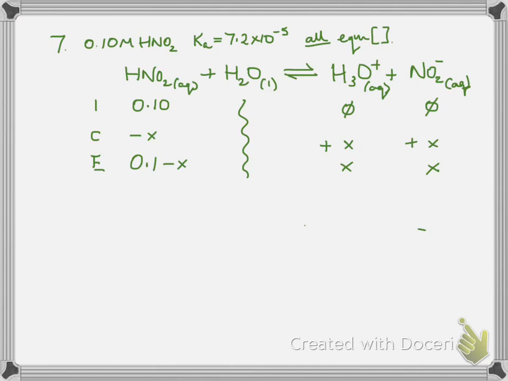Next, write the equilibrium expression. So Ka is equal to the concentrations of the products, H3O plus and NO2 minus, divided by the concentration of the acid.